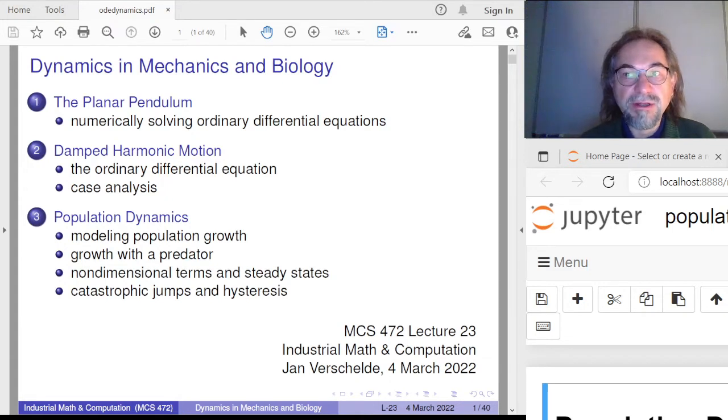So the subject of ordinary differential equations, even when one considers a simple first order differential equation, can already lead to some very interesting results. Okay, but let us begin with the beginning.